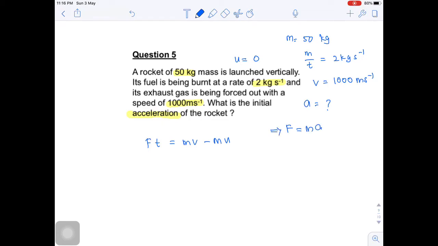As usual, u is 0, so we can cancel this one because it is 0. Finally, we have Ft equal to mv.